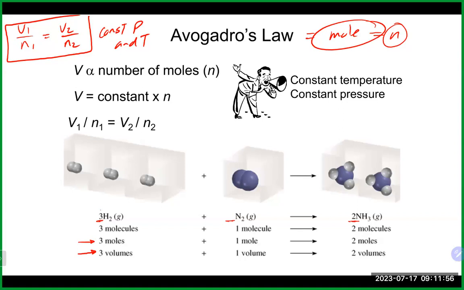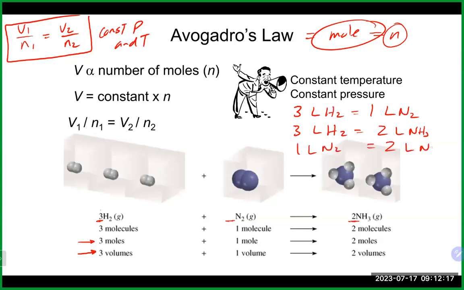So in this equation, we could say there are 3 liters of H2 for every 1 liter of N2. We could also say for every 3 liters of H2, there are 2 liters of NH3 produced. And for every 1 liter of N2, we get 2 liters of NH3.